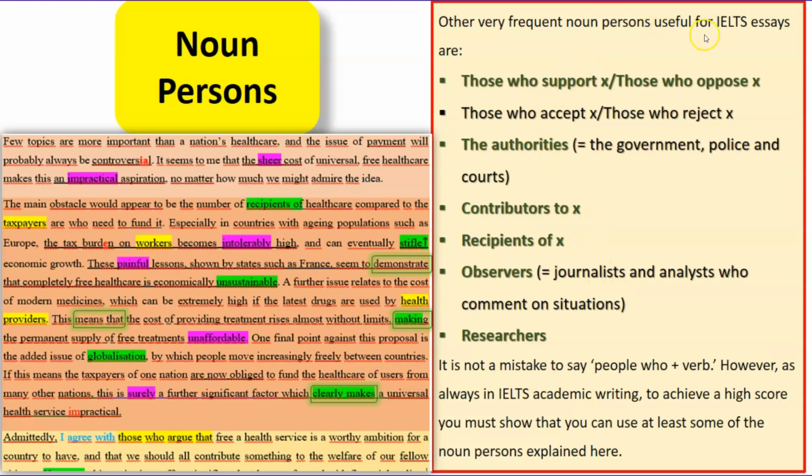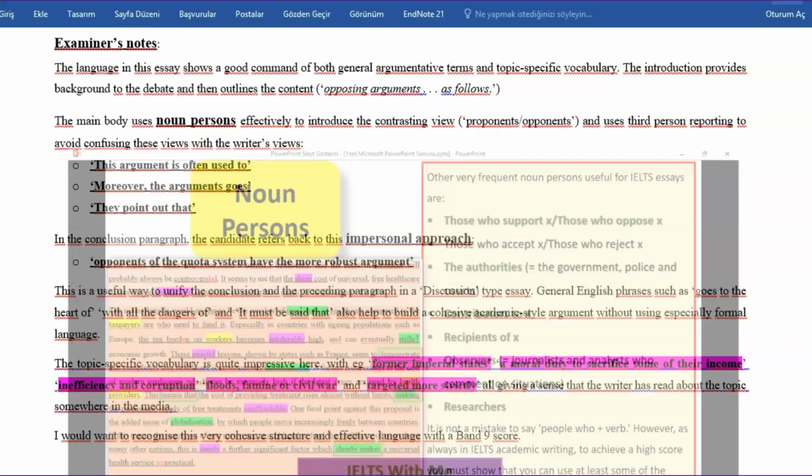Noun persons are useful for IELTS essays such as these that are available here. And remember that by using these techniques and strategies you will be able to achieve a high score, okay? You have to learn them.